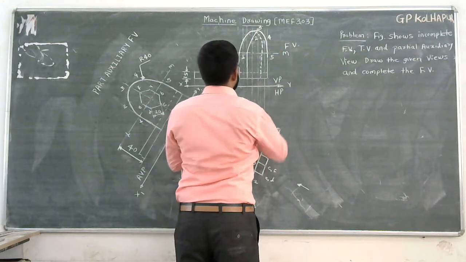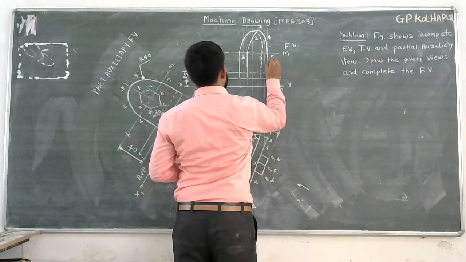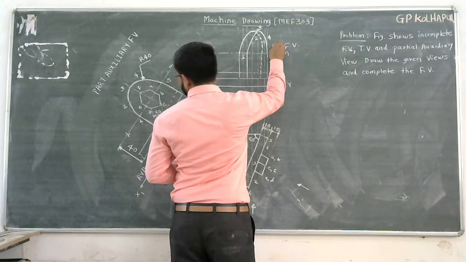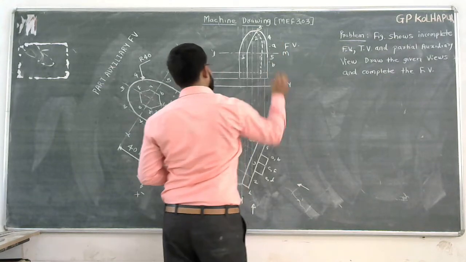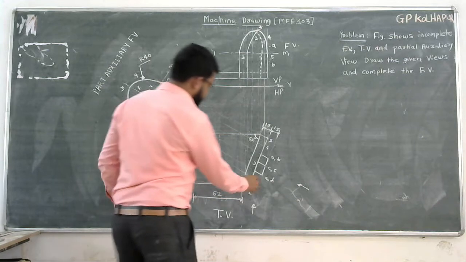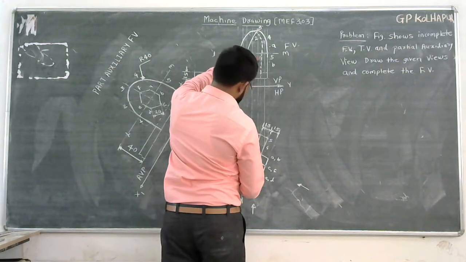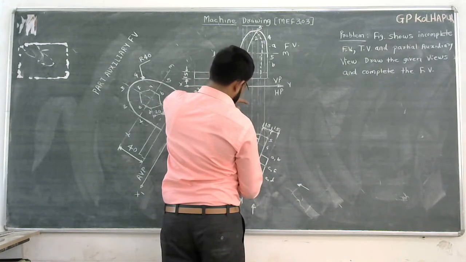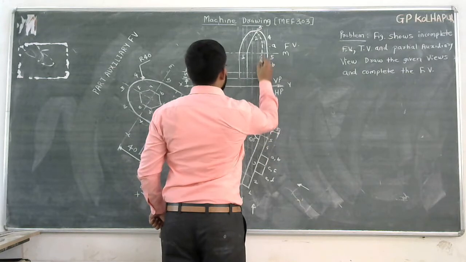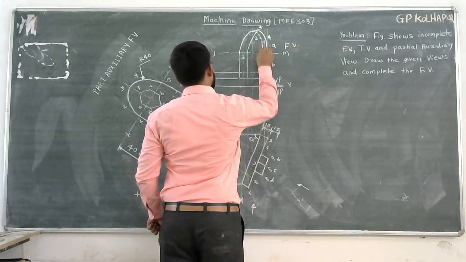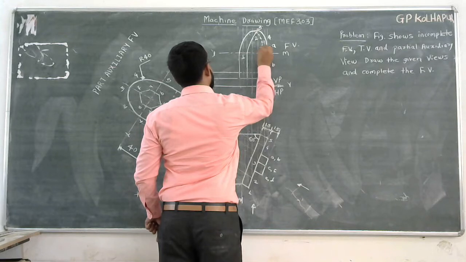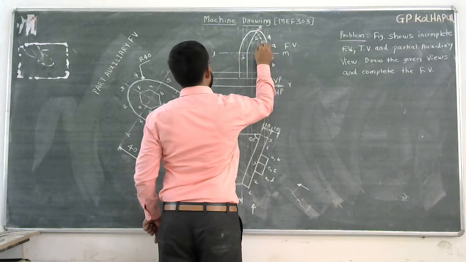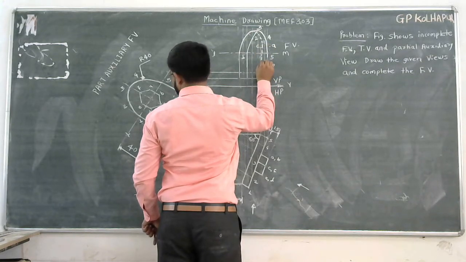This is point A, and this is point B. Next are points E and D. This is the projector of E and D. At this point E will lie, and at this point D will lie. So this is point E, and this is point D.